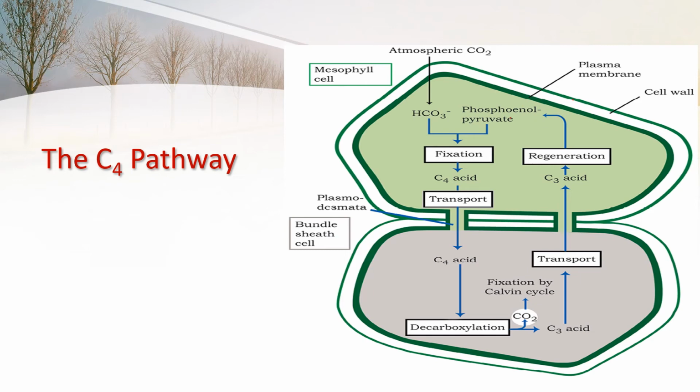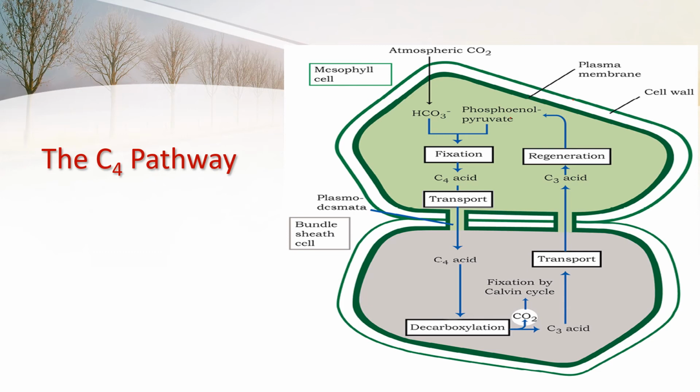But in the C4 pathway, there is an enzyme, phosphoenol pyruvate carboxylase, PEP carboxylase, which is responsible for the fixation. In the presence of PEP carboxylase, it forms a 4-carbon compound, that is malic acid, or aspartic acid.